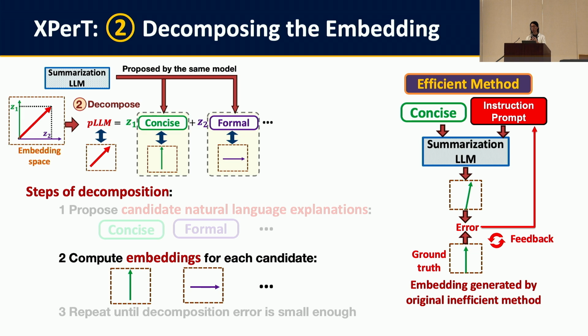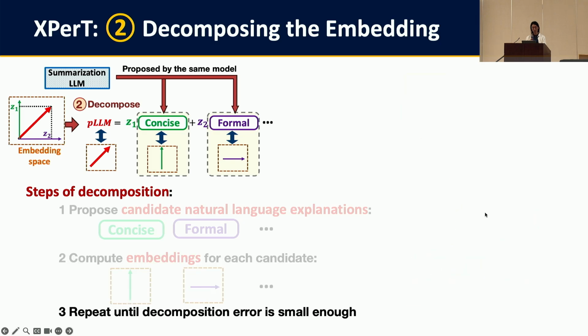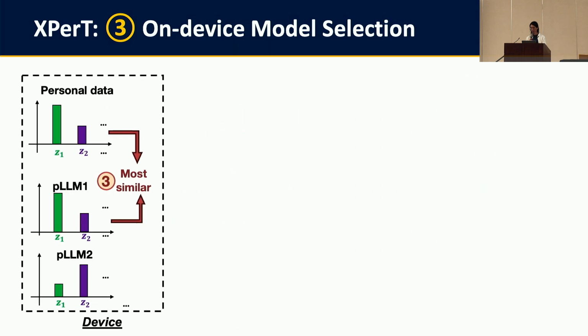And once the prompt is optimized, we can use it online to efficiently generate embeddings. And we just repeat step 2 to compute the embedding for different candidates until the decomposition error is small enough.